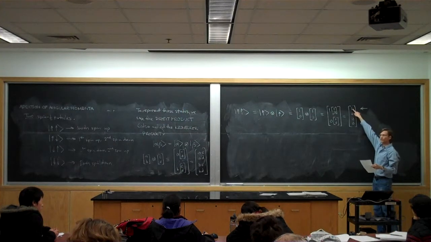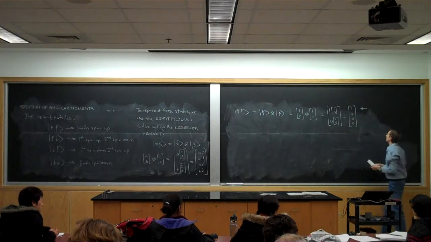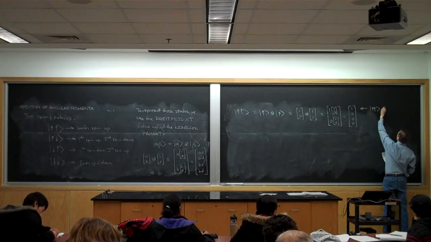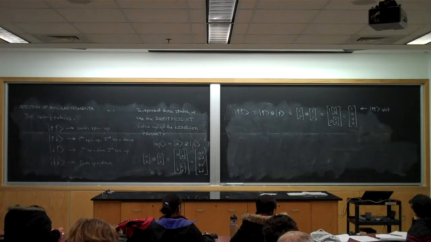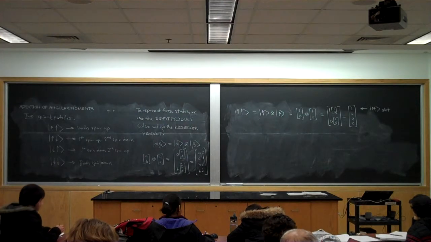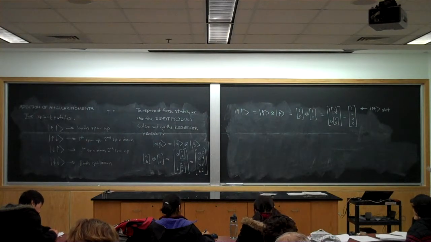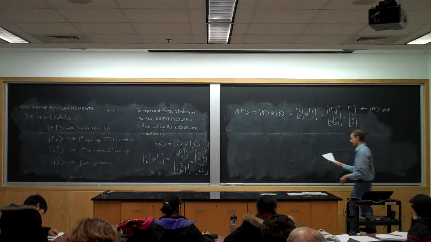So in other words, this first slot must be the up slot, so to speak. So if I've got 1, 0, 0, 0, that represents both particles are spin up because it's got a 1 in the up slot and a 0 in all the other slots. And the other slots are going to have interpretations in terms of the other possibilities.